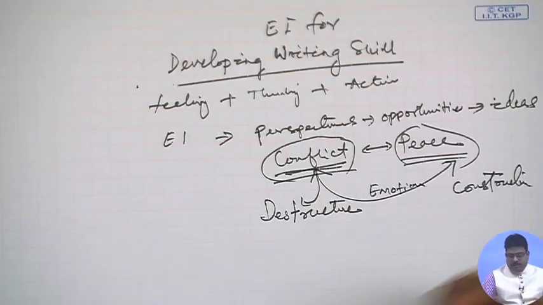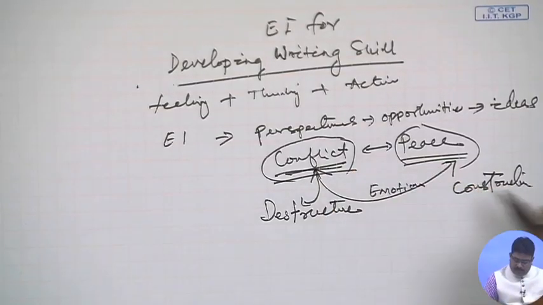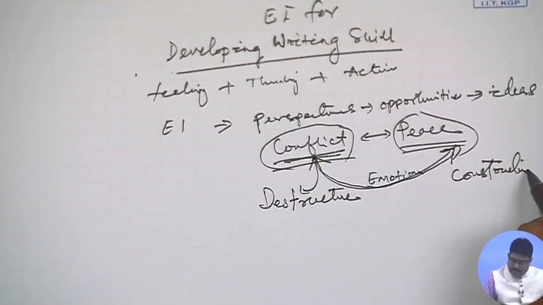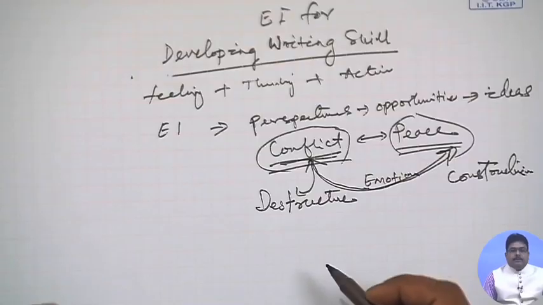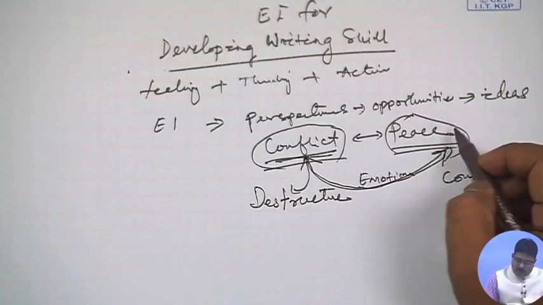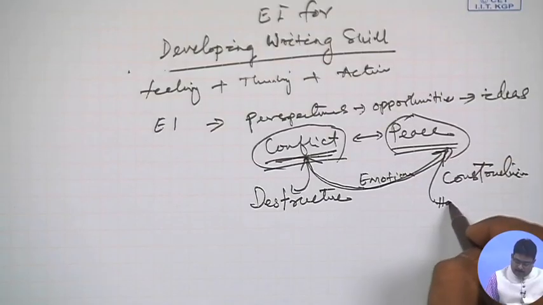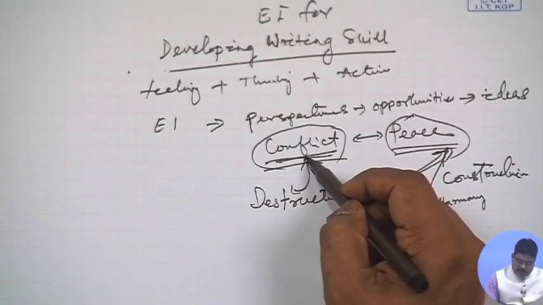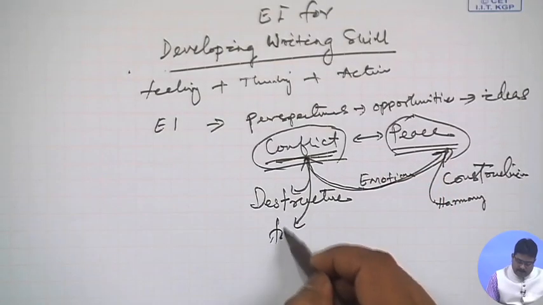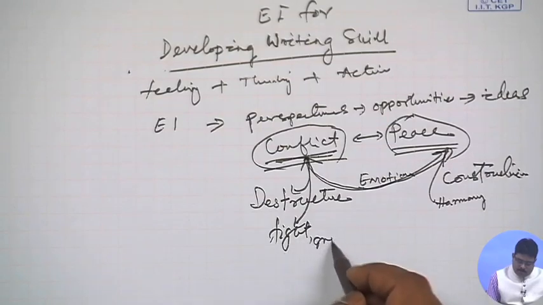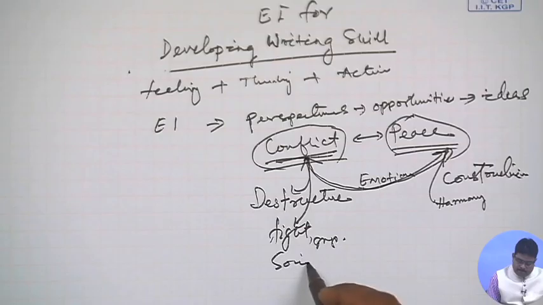So when we try to teach our students the cost and benefit of each emotion, they will very quickly realize the importance of peace. So peace will bring harmony. This will create fight between groups, society, nation.